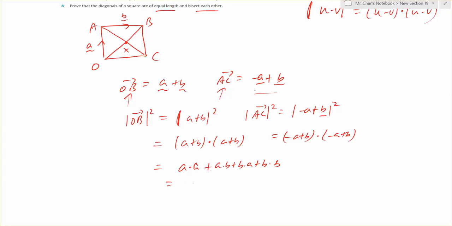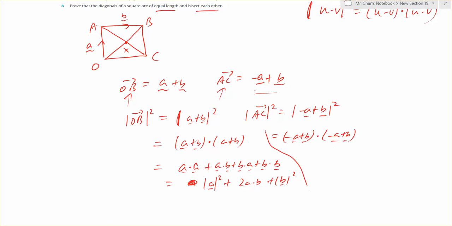That simplifies to A dot A, which is the magnitude of A squared, plus 2A dot B plus the magnitude of B squared.